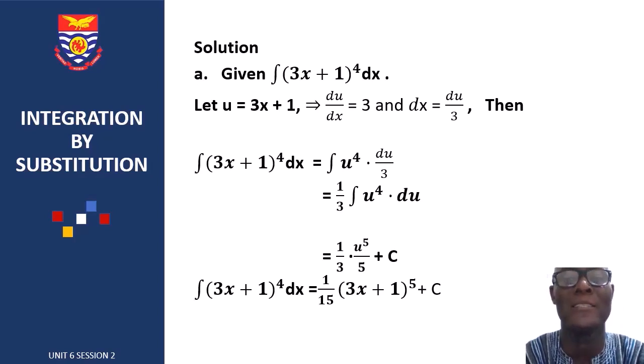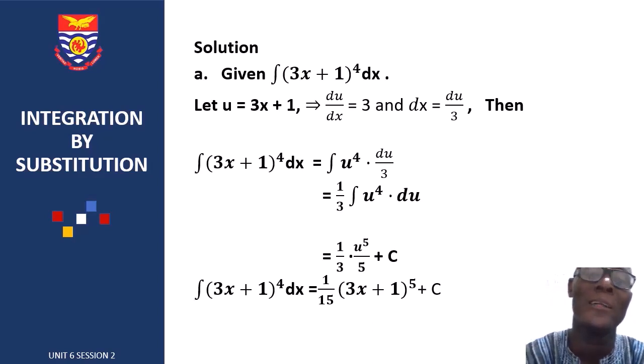Now, making dx the subject, we have dx to be du over 3, which means our integral is u^4 times du over 3, meaning in place of dx, we now write du over 3. And in place of the binomial 3x + 1, we write u.